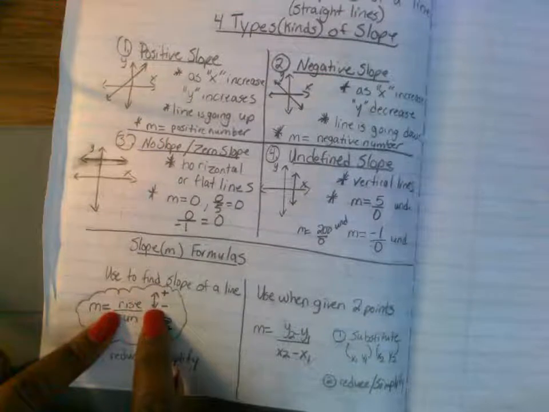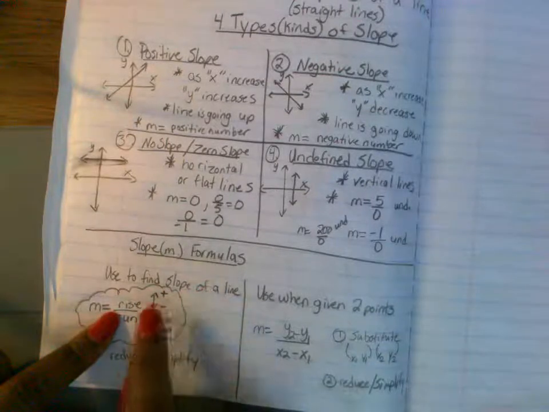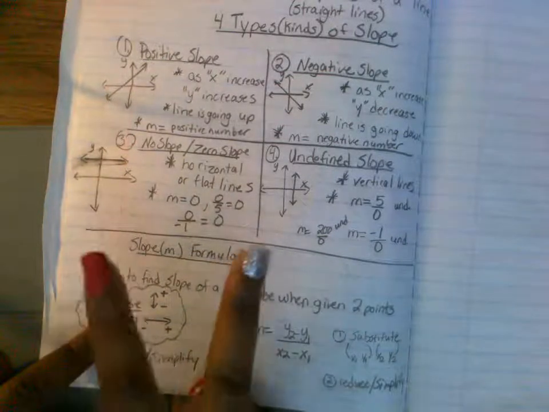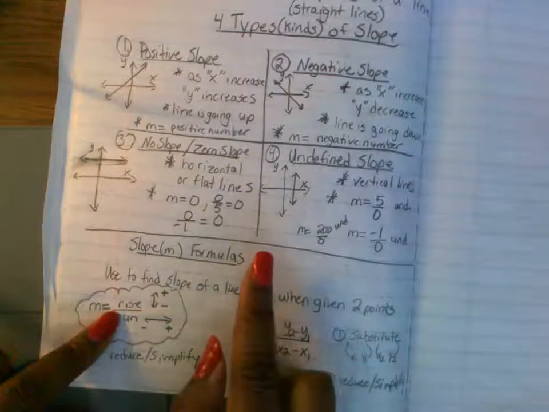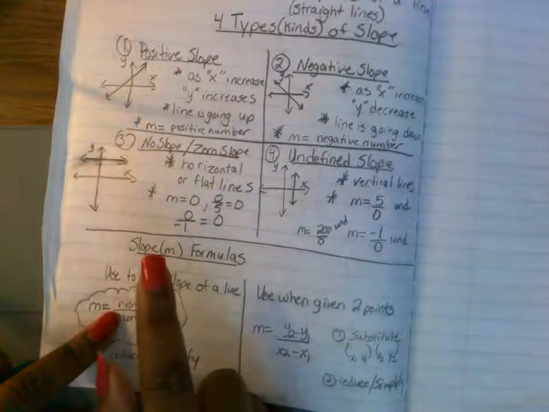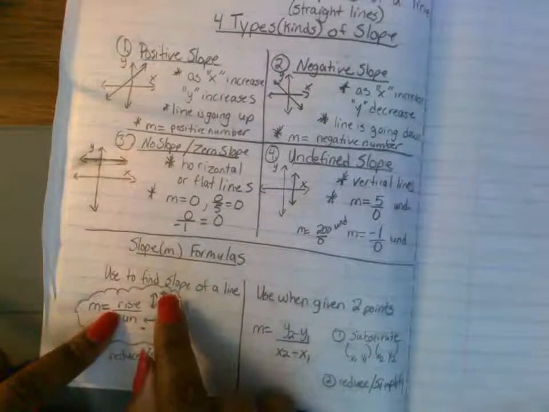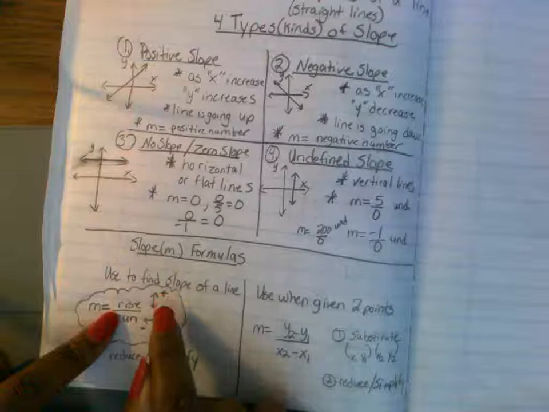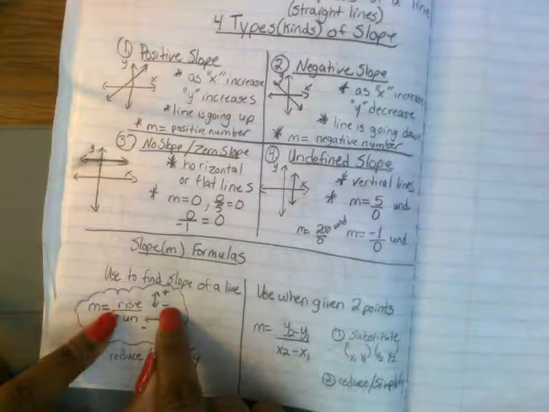This is how many spaces I go up or down to get to the next point that's on the line. All I'm doing is picking 2 points on that line, and from one point to the other point, how far do I go up or how far do I go down? If I go up to get to that point, my top number is positive. If I go down to get to that point, my top number is negative.